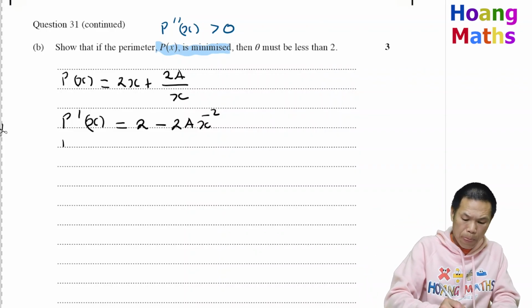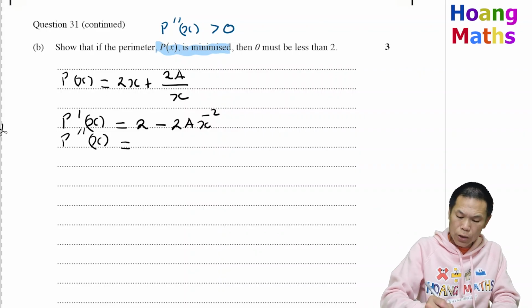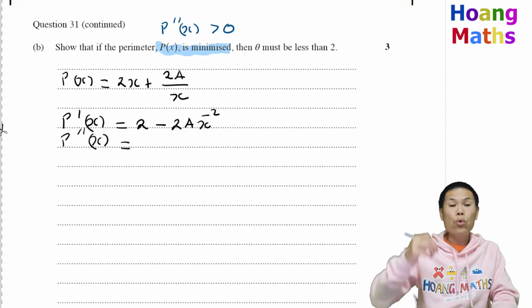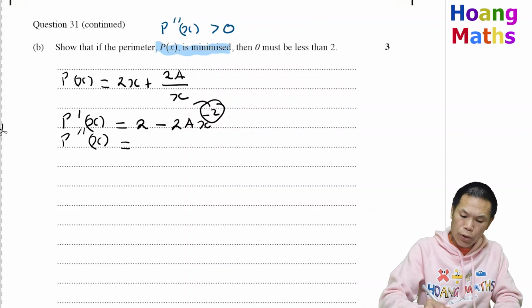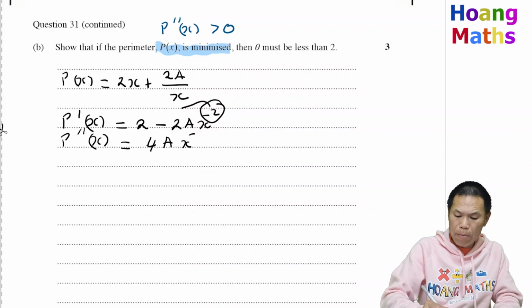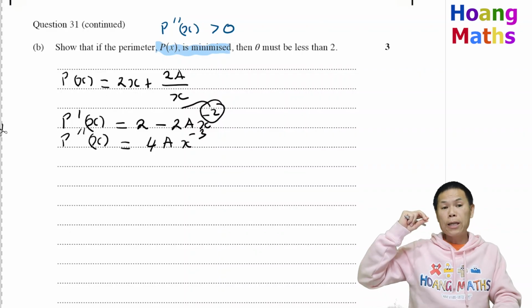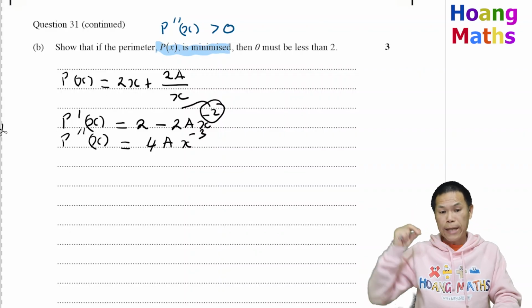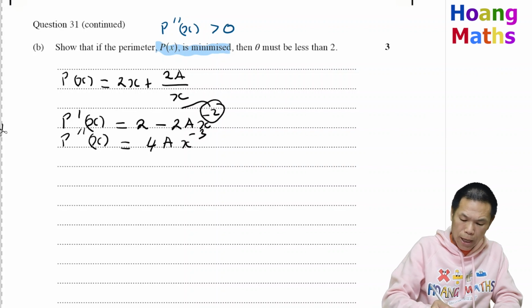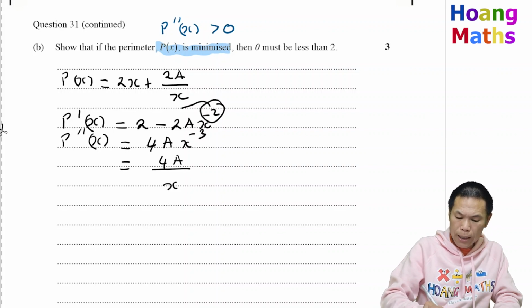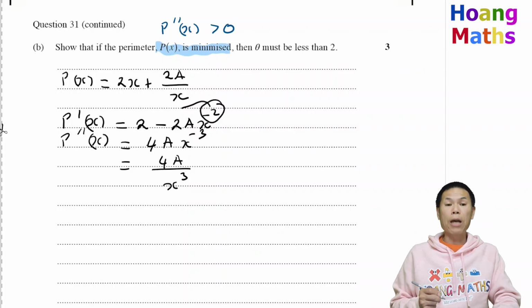So P double dash x, that will give me, differentiate 2, give me 0. So this, bring it down, negative 2 times negative 2, give me 4a x to the power of negative 3, and I bring the x to the power of negative 3 down, becomes positive. So that is equal to 4a over x to the power of 3. Okay, keep that in mind.